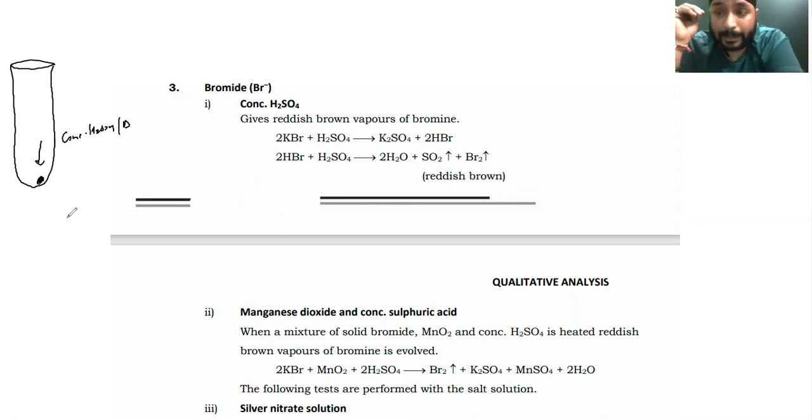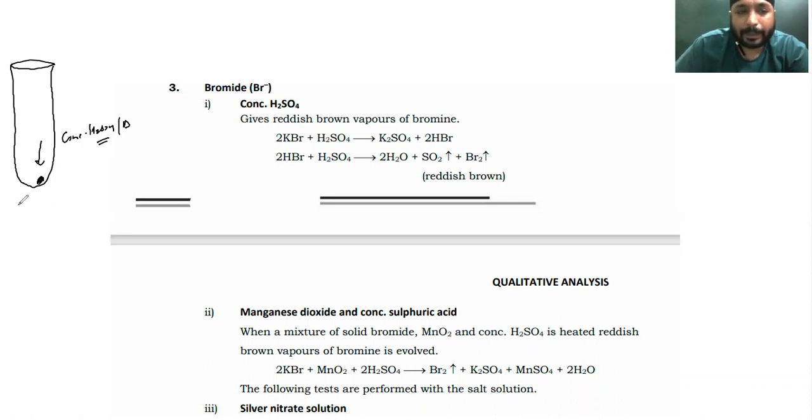Now there is a difference in the reaction which we have observed with HCl as well as HBr. Concentrated H2SO4 is an oxidizing agent. Dilute H2SO4 is not at all an oxidizing agent.